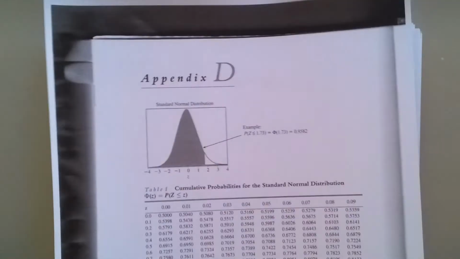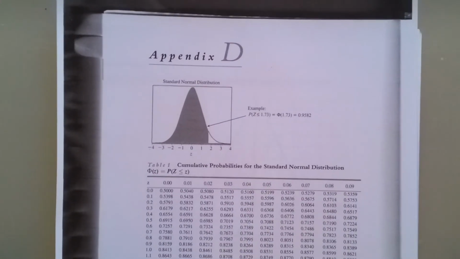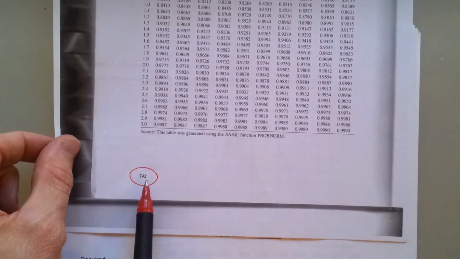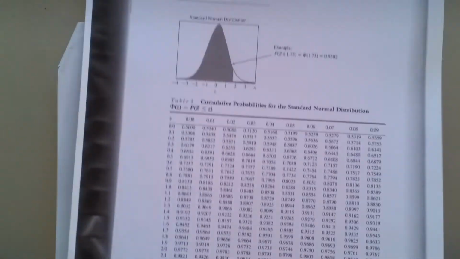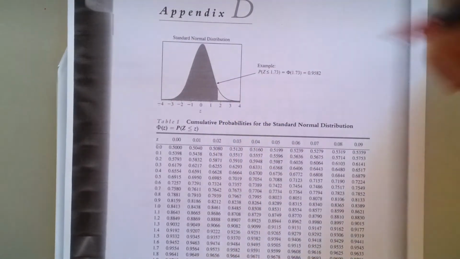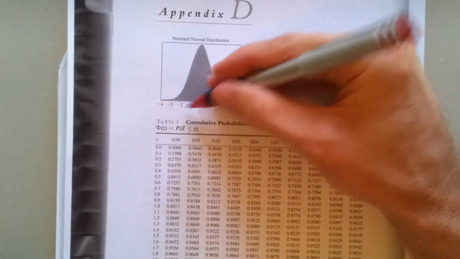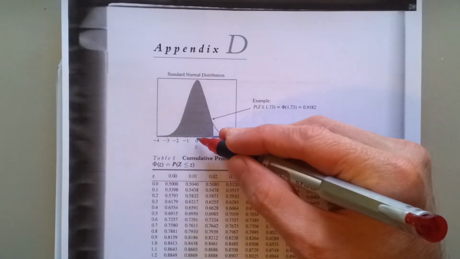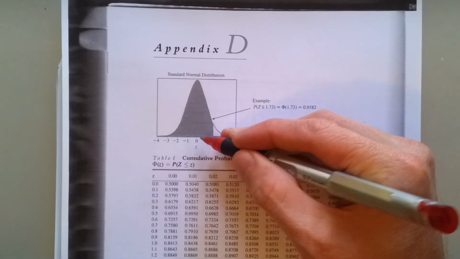I'll just quickly show you Appendix D from the textbook, which is showing a table of probabilities for the normal distribution, cumulative probabilities. It's on page 742. This is for a given value of z, which is measuring the number of standard deviations from the mean of the standard normal distribution, which is 0.